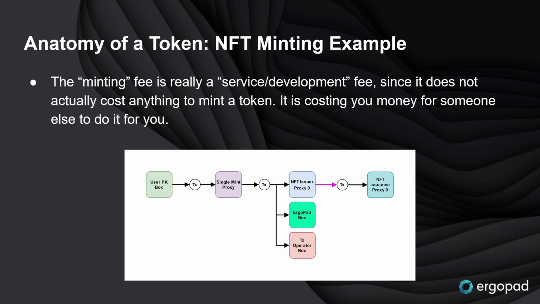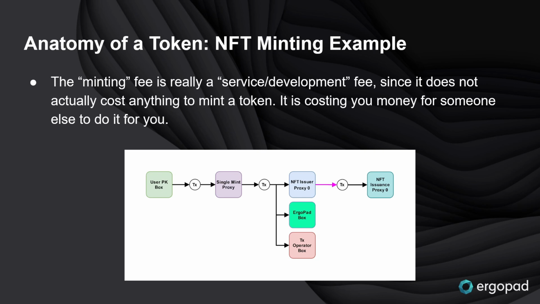So in this diagram, we have the first box, the green box, the user PK box, which through a transaction sends money to a proxy address, some contract, some box with its own custom Ergo script, which just ensures that the money in it gets spent in the correct way. That's why we call it a proxy. It's sort of like a middleman, instead of the second transaction interacting directly with your wallet.